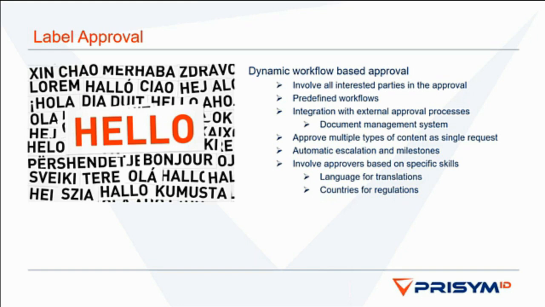Typically, the people that you've got approving your labels or your data are very busy people, and they're typically involved in many different things. Being able to present that information in a way that makes it as easy as possible for them to see that the content is correct and meets the requirements is important so that they can get the content approved as easily and as quickly as possible.